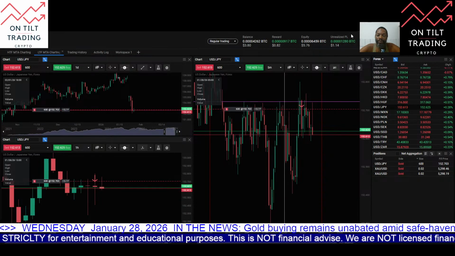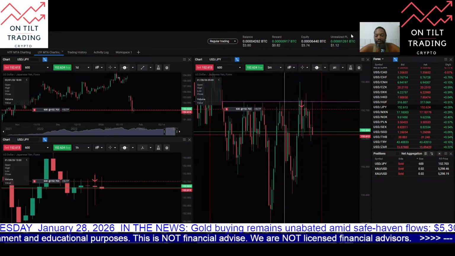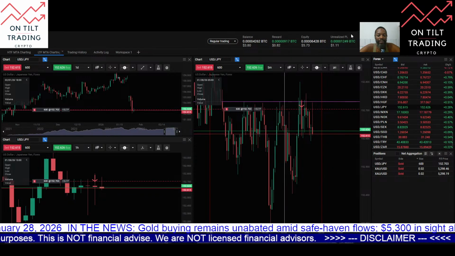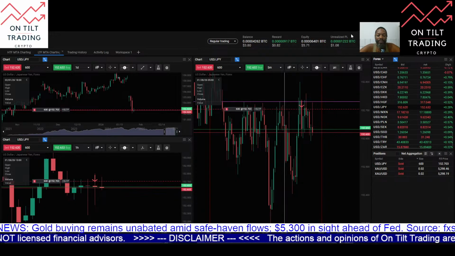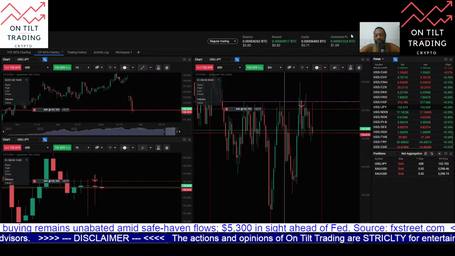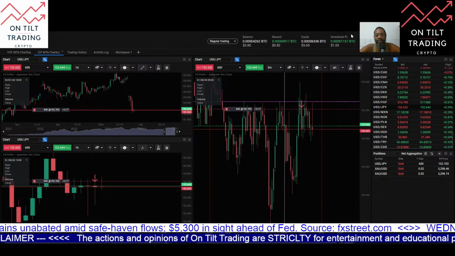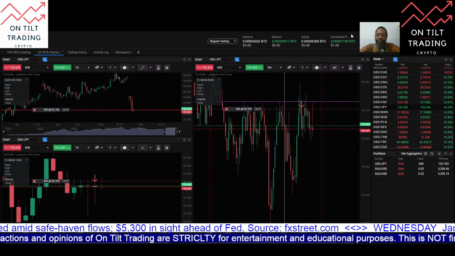So we'll see if USD JPY can put in a new 5-minute low, either in this candle or in the next. This candle would be great, but if it was in the next, then it would sweep a swing low, so that would possibly be even better.